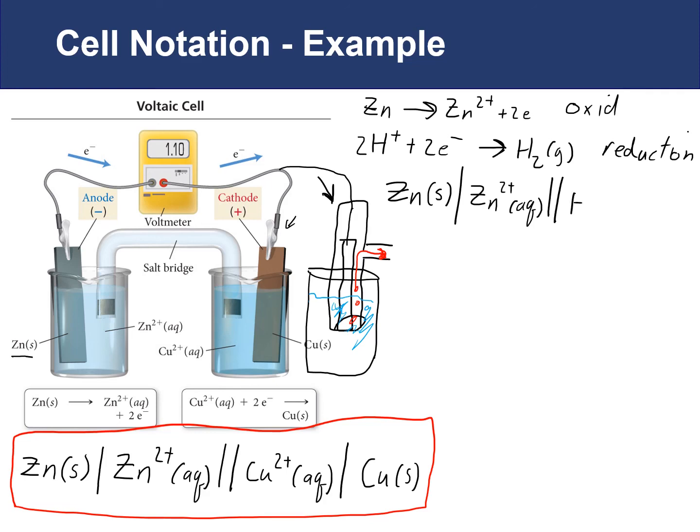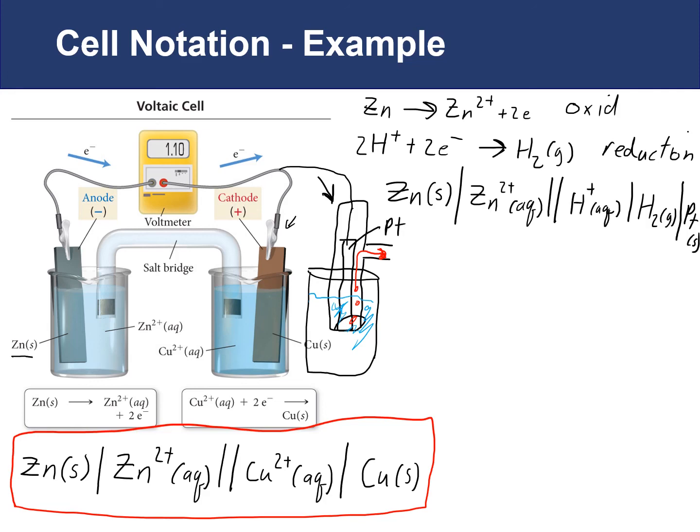Then you have your H plus aqueous, vertical line, H2, because there's a phase difference between the hydronium ions and the hydrogen as a gas. Then you'd have a vertical line, and the metal here is often platinum. And so you'd have here platinum as a solid.